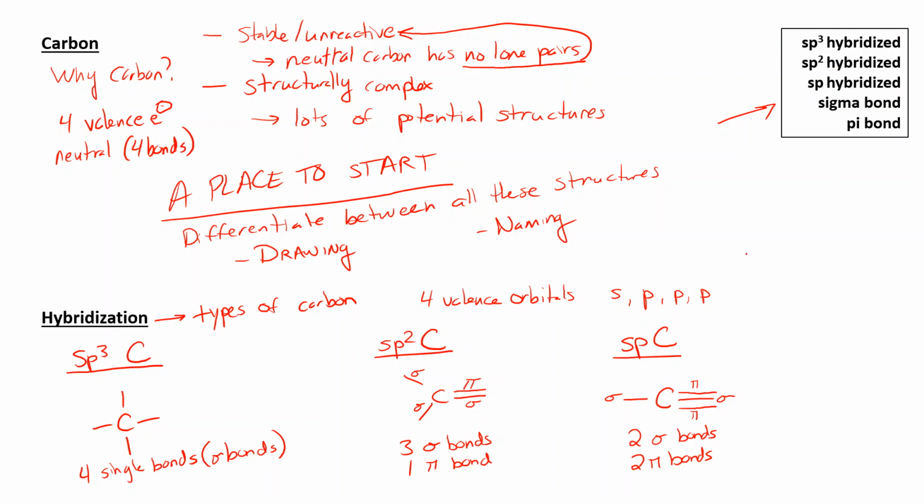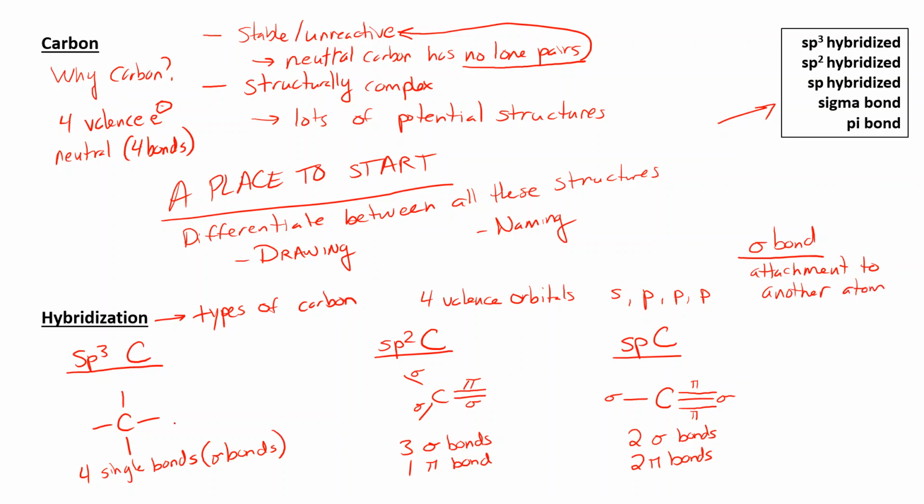So if we wanted to define a sigma bond specifically here, right? A sigma bond is going to be an attachment to another atom, right? Sigma bonds are the things that attach carbon, or it doesn't have to be carbon, but we're talking about carbon, attachment to another atom, right?